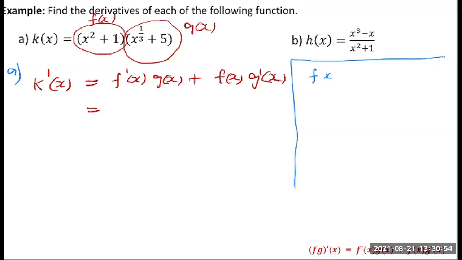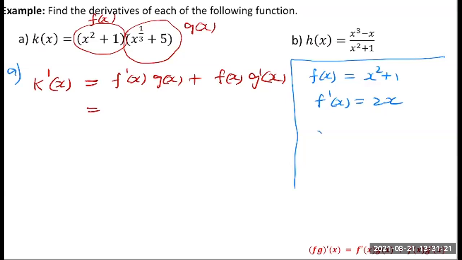Your f of x is equal to x squared plus 1. So f prime of x is equal to the derivative of this one plus the derivative of this second function. The derivative of the first one is 2 times x to the power 1. I don't really have to put a 1 here, I can just write x. And the derivative of the second function is 0. This plus 0, of course, is 2x.